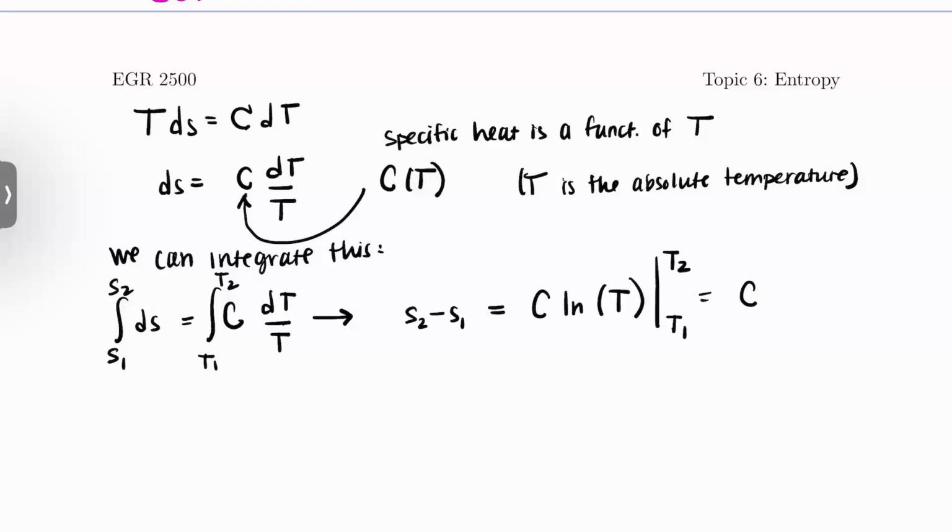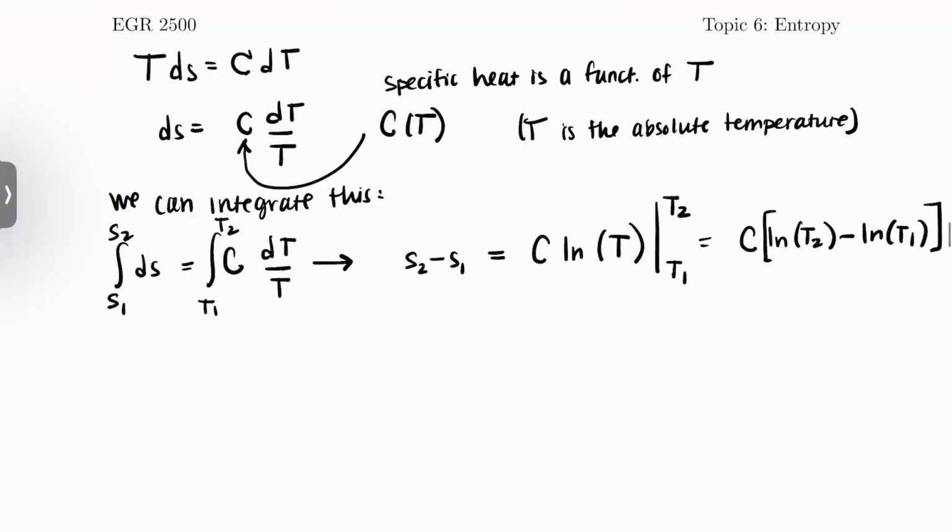So we have natural log of T2 minus natural log of T1, and that whole quantity is multiplied by C. When we have natural log of one thing minus another, that's the same as natural log of the division. So we have C times the natural log of T2 divided by T1.